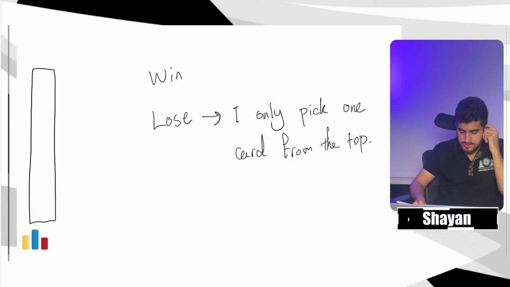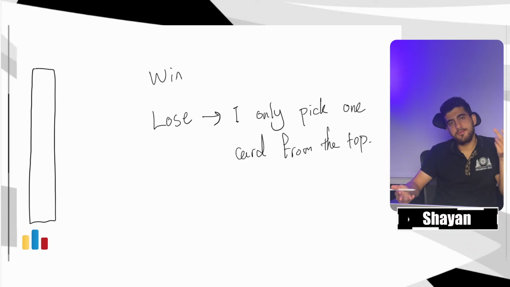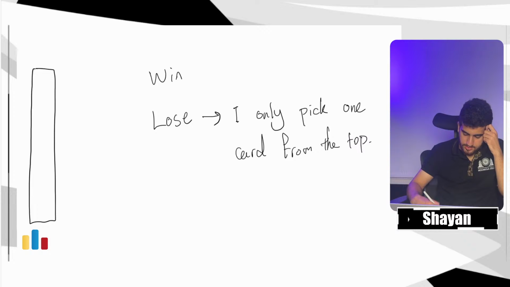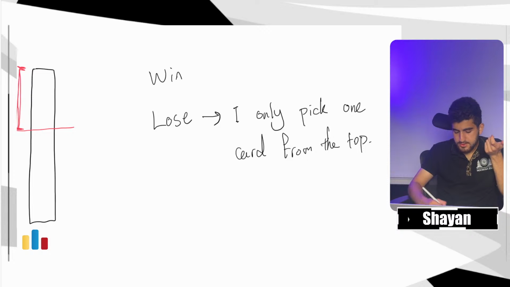Why can I assume that? Assume that I'm going to lose anyway. So in this round, I'm going to lose. Assume that what I've done is to pick these cards and I lost. I mean, assume that in an optimal answer, I pick these cards and I've lost. Well, the point is that I could as well just pick all these cards individually in different rounds.